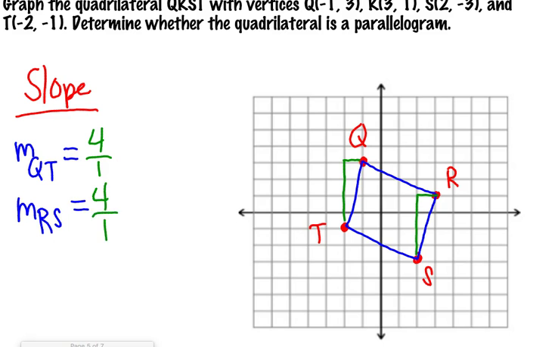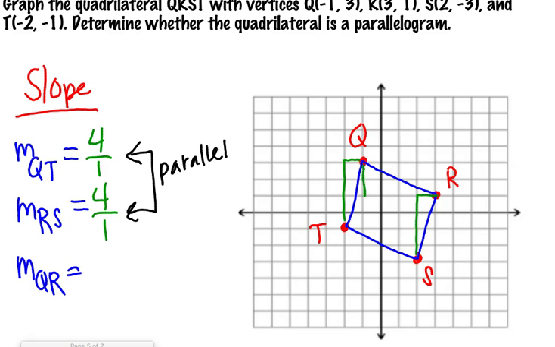So far, I have one pair of opposite sides that are parallel, which is good. But now I have to check the other pair. So let's start with the slope of, should we do, I don't know, QR? So slope of QR. If I go from Q down to R, I'm going down 1, 2 over 1, 2, 3, 4. 2 over 4, which we all know, kids, really reduces to 1/2.